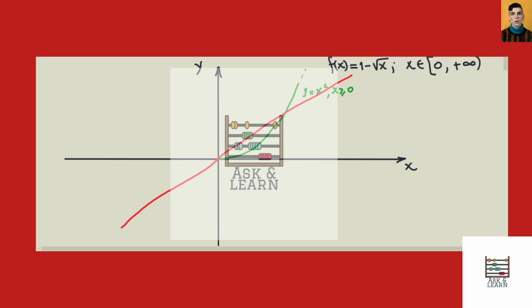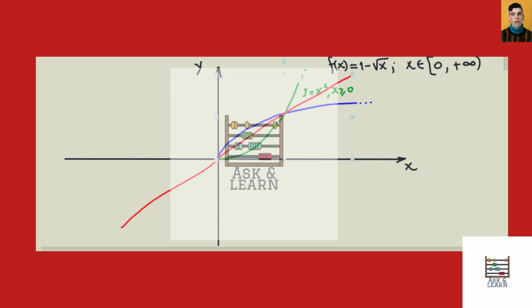So we are going to get something a little bit like this, trying to give an idea of the reflection. And it's endless to the right, as was the parabola.